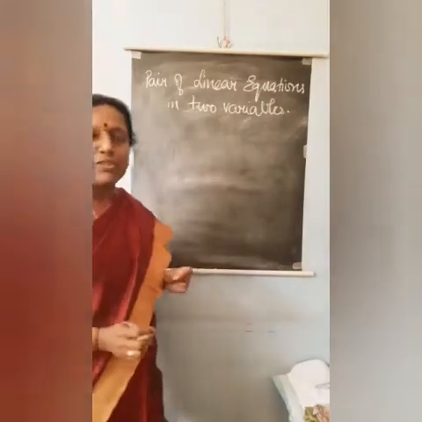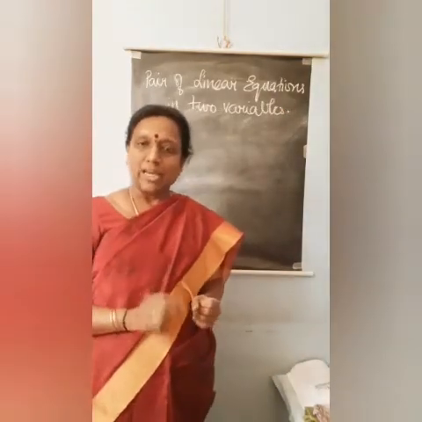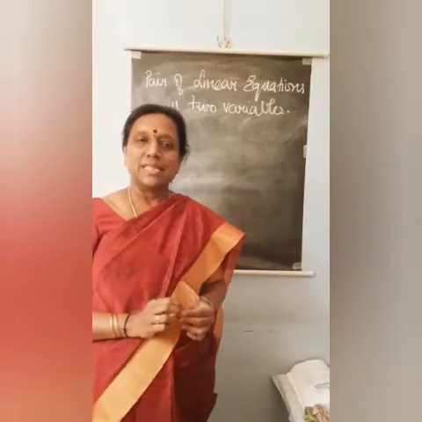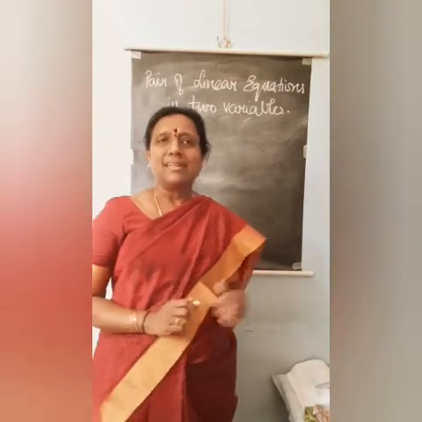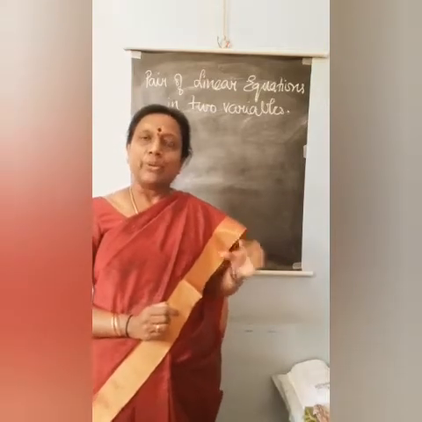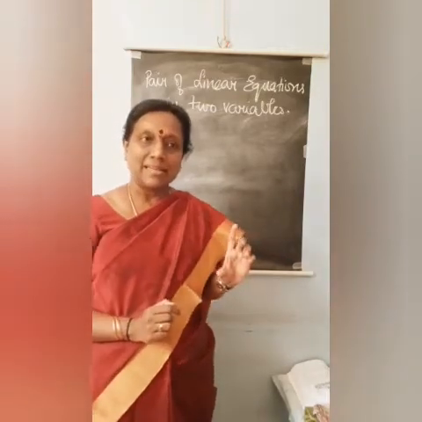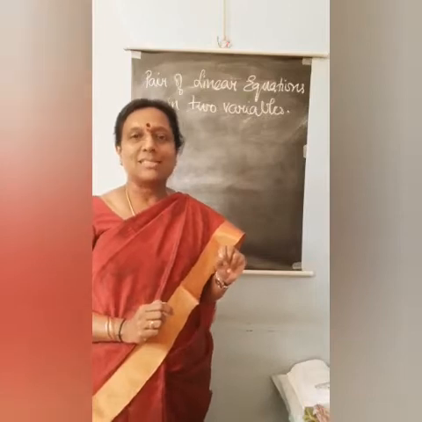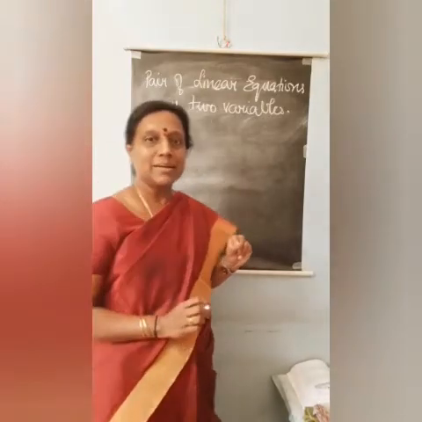Now, if you remember, in class 9 we had a linear equation in two variables and we solved them graphically, and we found that the representation of that equation was a straight line.